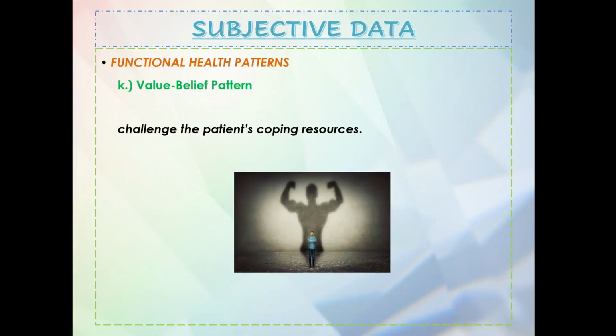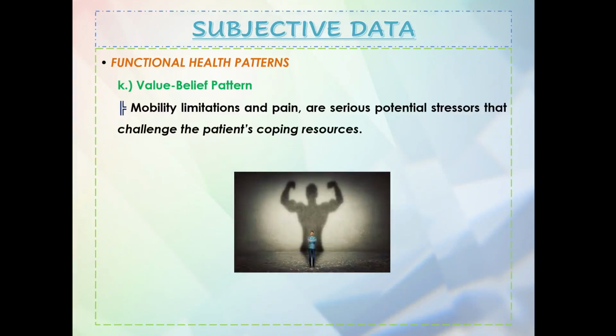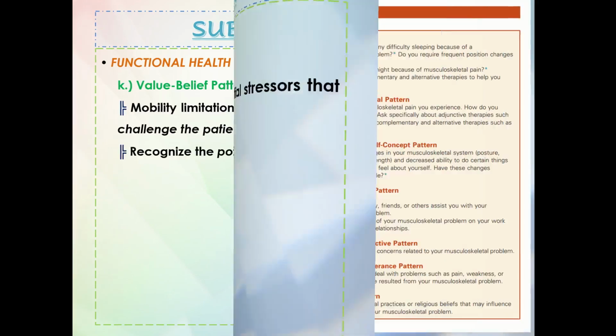Okay, and then we have the value belief pattern. So mobility limitations and pain are serious potential stressors that challenge the patient's coping resources. So recognize the potential for ineffective coping. So as a nurse, we are critical thinkers, so dapat nakikita natin yung different aspects na to.